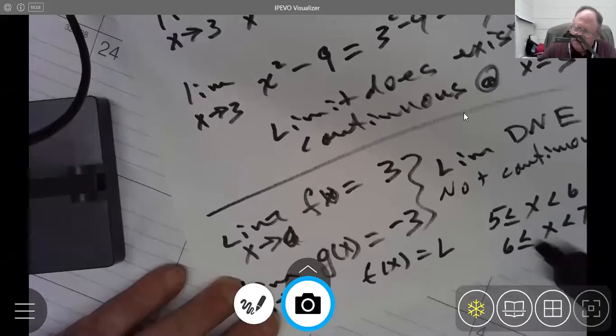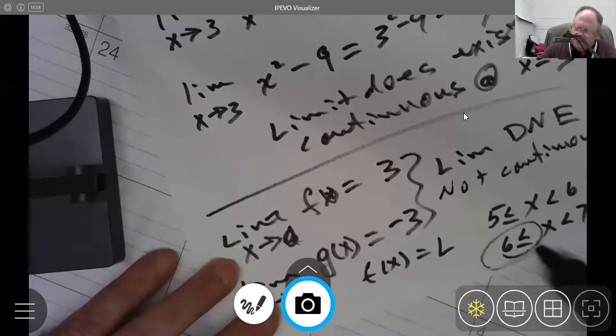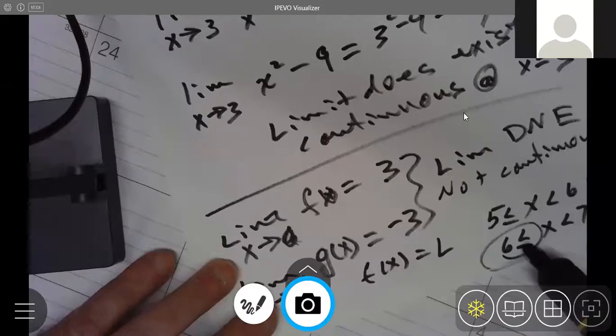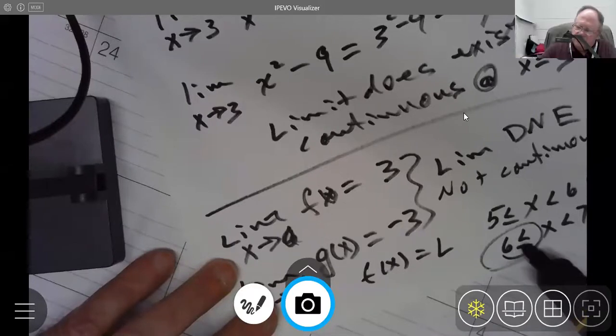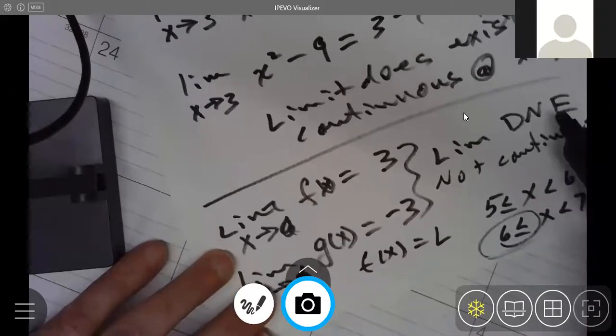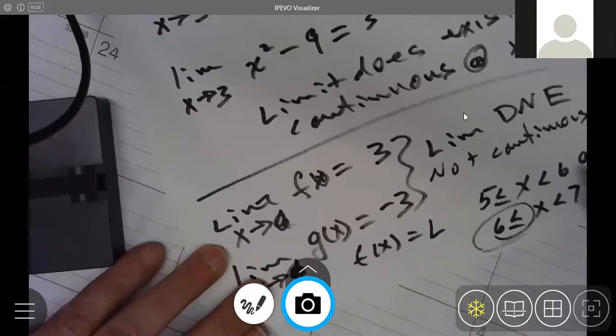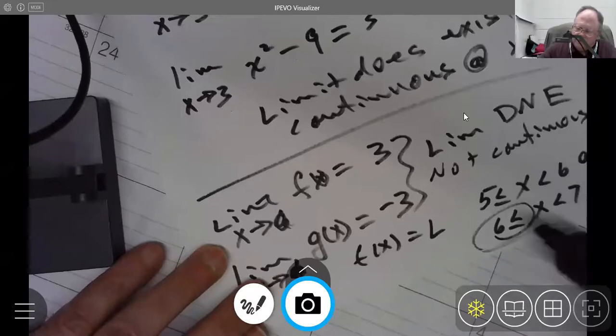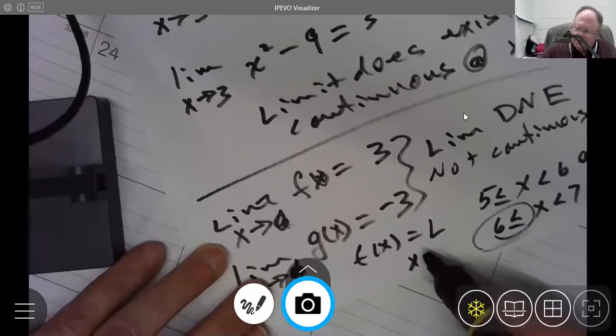because a and the left side of the interval here is less than or equal to. You could say, okay, it's not continuous at 6, but it is continuous from the right as x approaches 6 from the right.